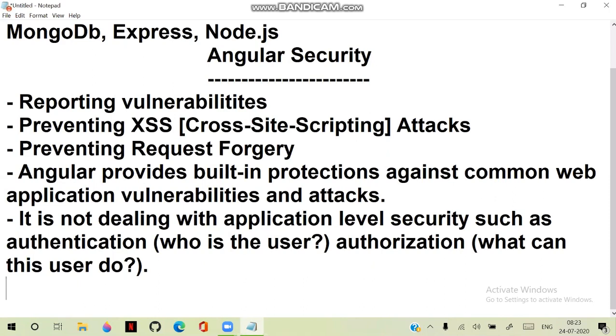That is application level authentication and authorization, which you have to deal with through integration of server-side technologies and the server-side database.